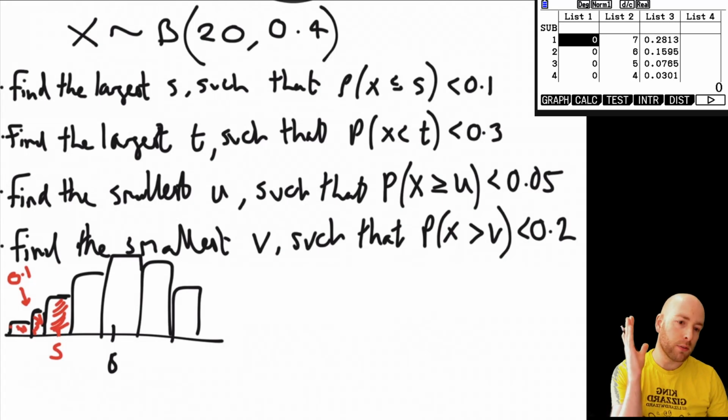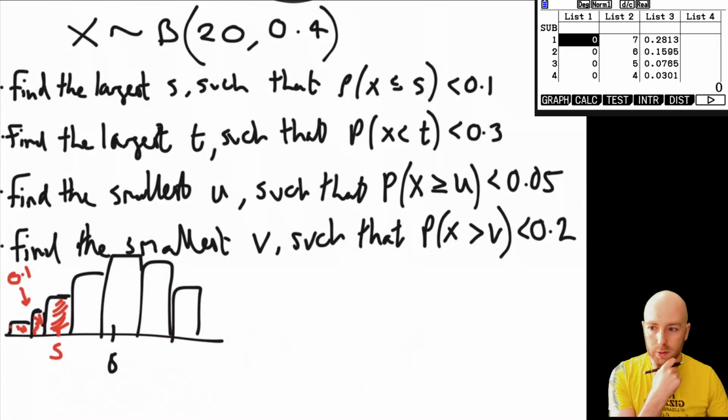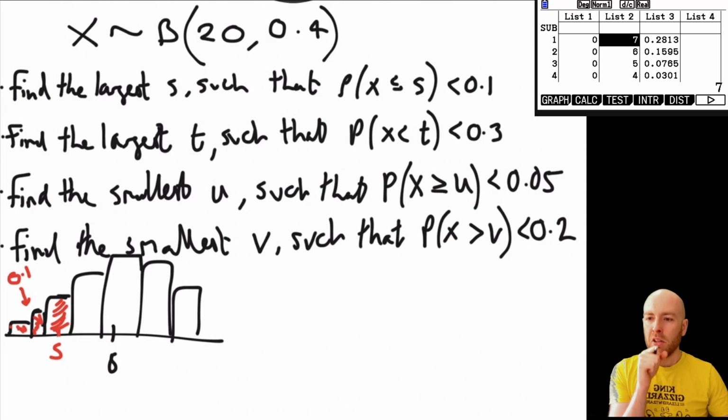Again, with the graphical calculator, we need the lowers to all be 0, and then the uppers, let's go from 7 down: 7, 6, 5, 4, 3, 2, 1.